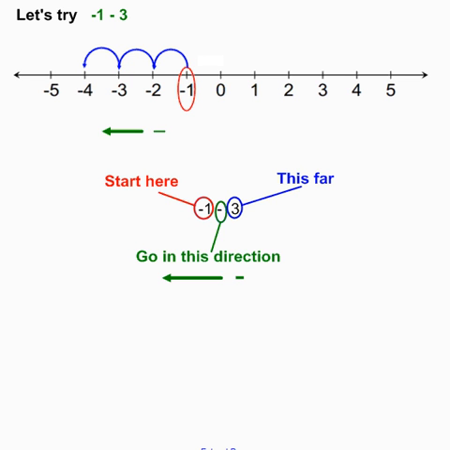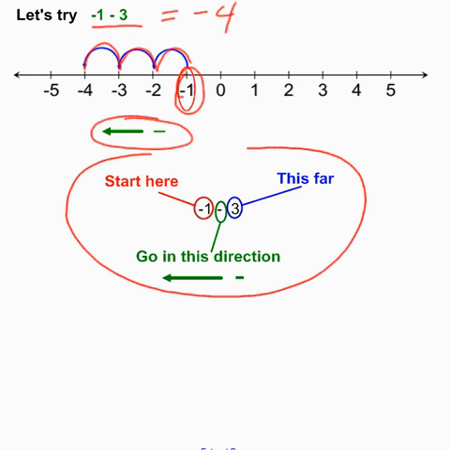If we try -1 minus 3, start at -1, go in the negative direction 3 times, and I wind up at -4. So again, this is describing what we just did.